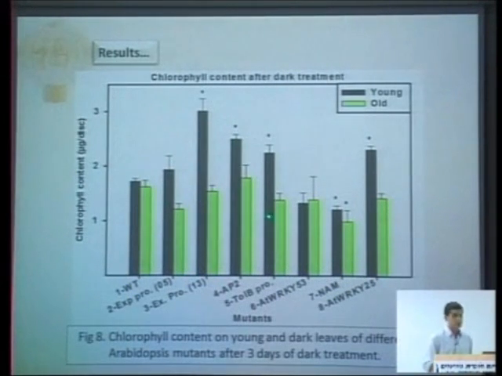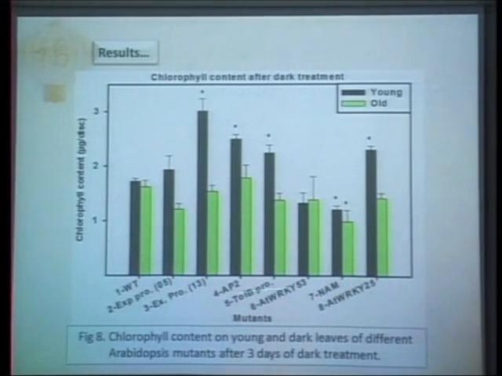These are the results that we got after treating the mutants under extended darkness for 3 days. The rosettes, as I mentioned earlier, were kept in continuous darkness for 3 days, and we measured the chlorophyll content of the treated leaves. What we got is the wild type with the chlorophyll content at the same level in old leaves and in young leaves.